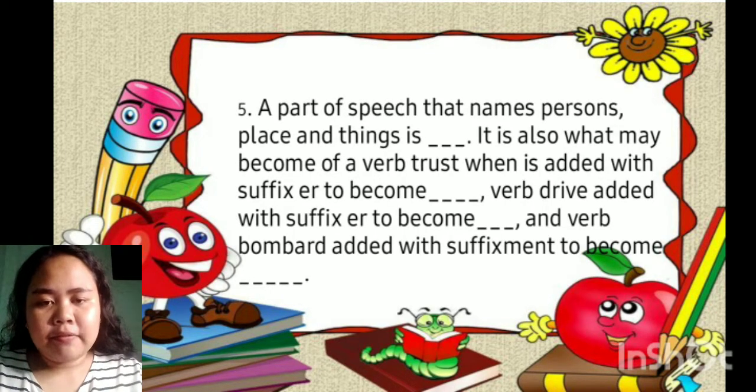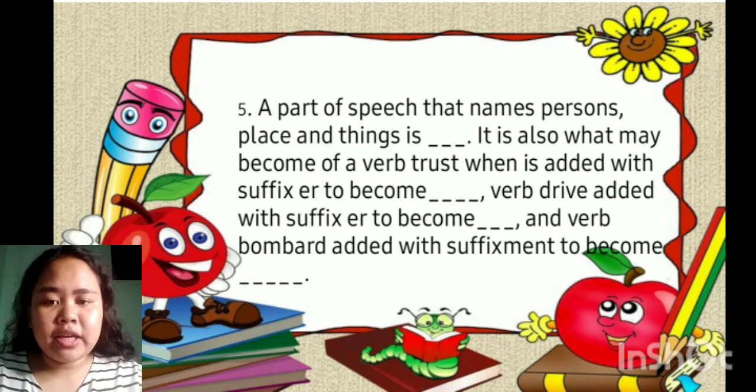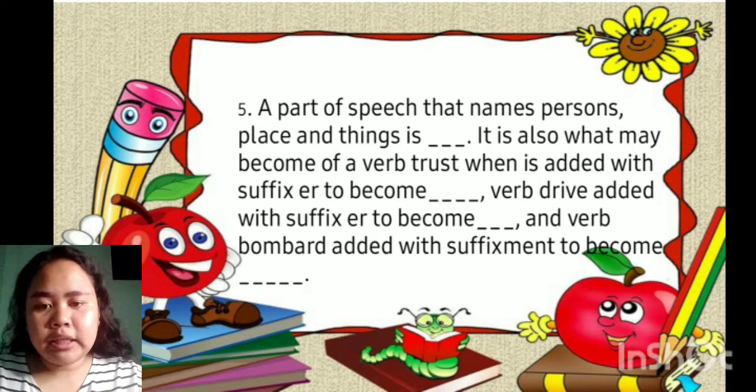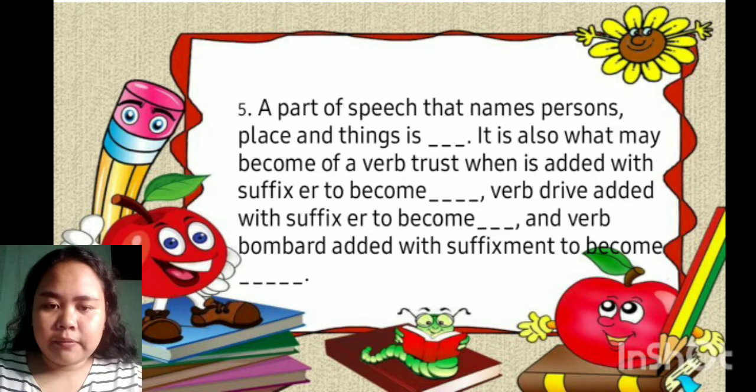Guideline number 5 example. A part of speech that names persons, places, and things is blank. It is also what may become of a verb trust when added with suffix ee to become blank. Verb drive added with suffix er to become blank.